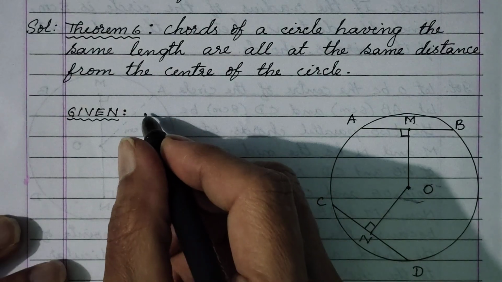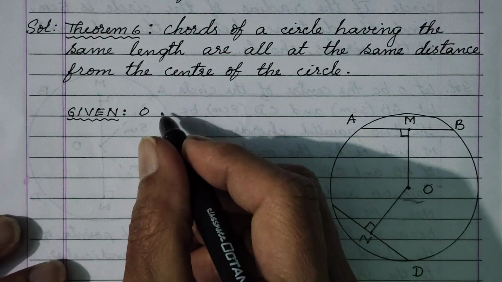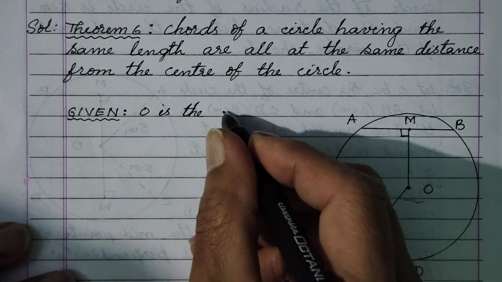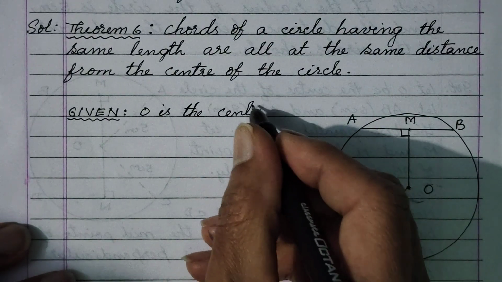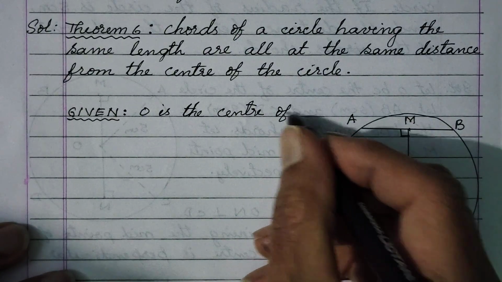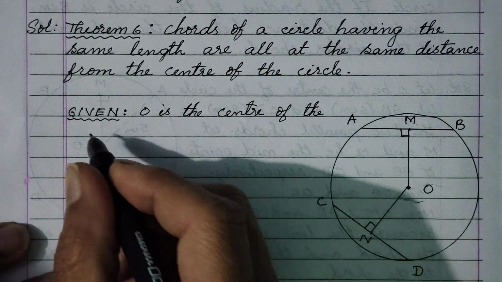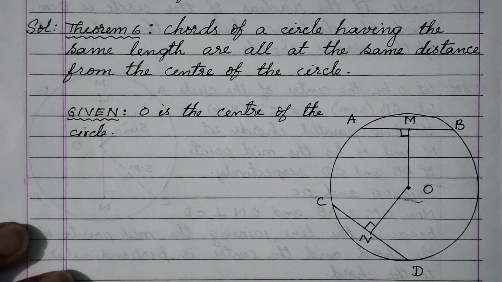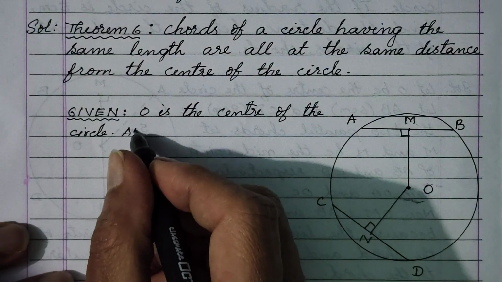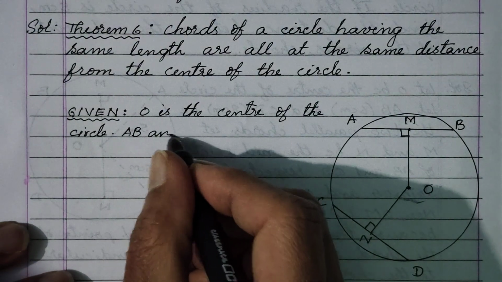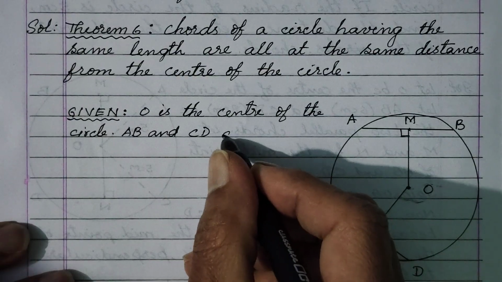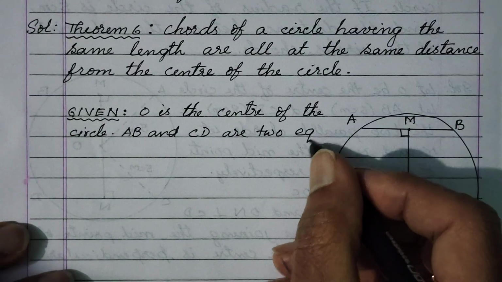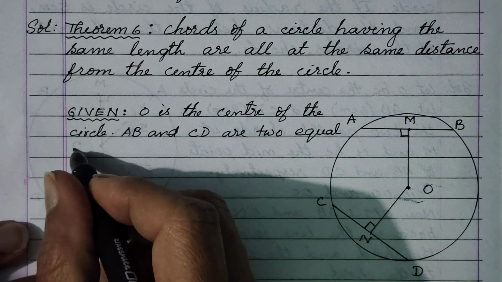Given: O is the center of the circle. AB and CD are two equal chords.